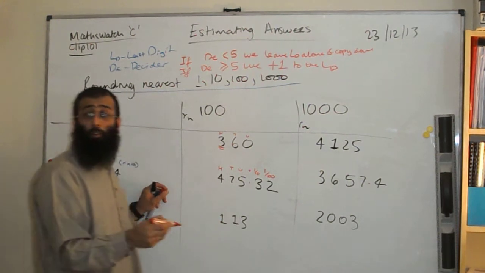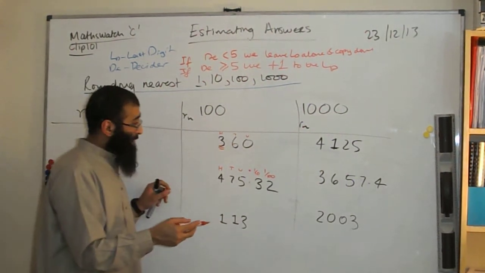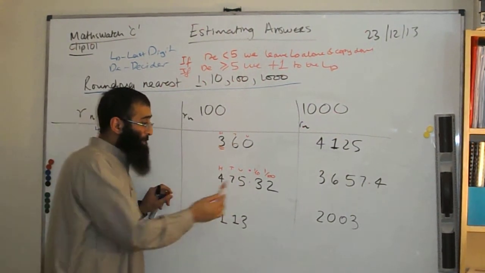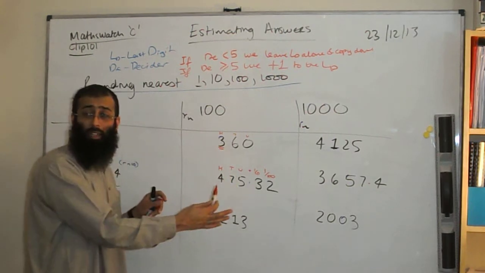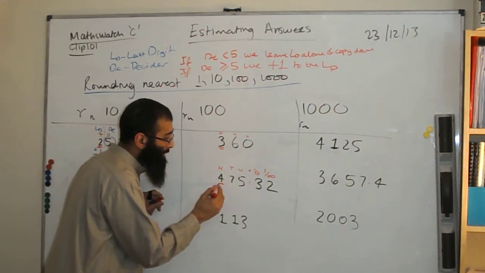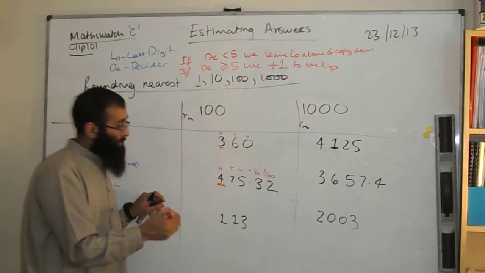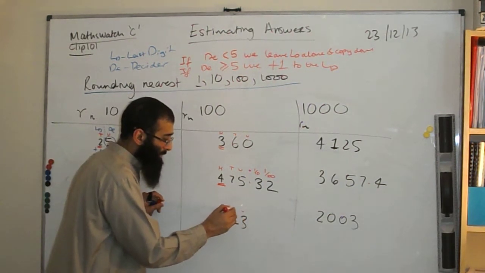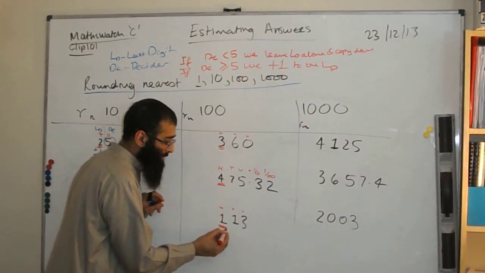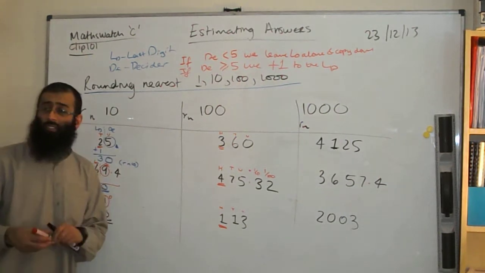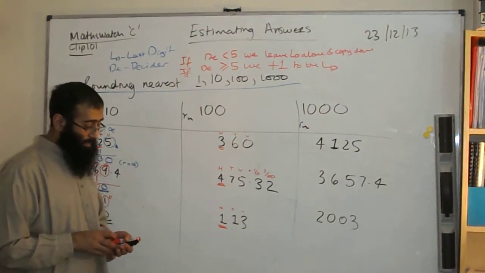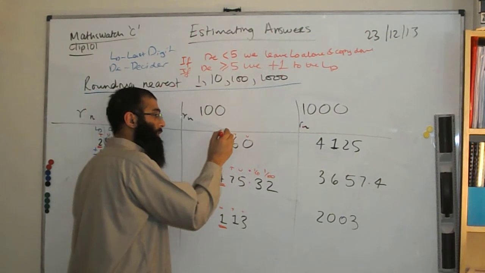I think I got slightly carried away there, a bit too excited. Okay, folks, apologies for that. Right, here we go. So we've labelled everything according to the place value, and we're interested in the hundreds. So in these questions here, these are the numbers that we need to look at.